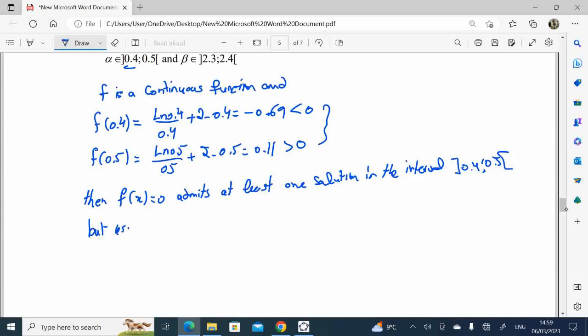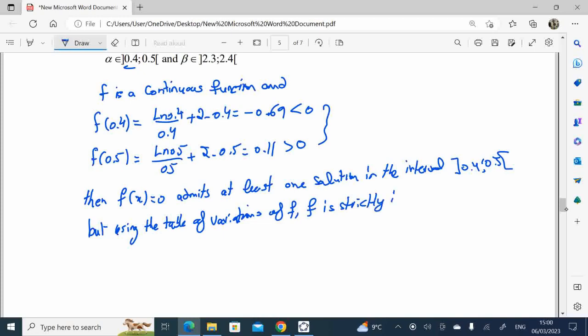Okay, so using the table of variations of f, f is strictly increasing within this interval.